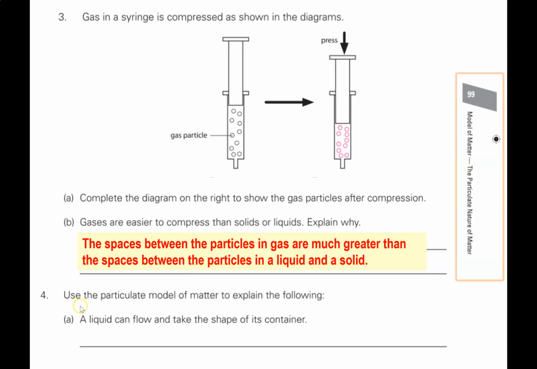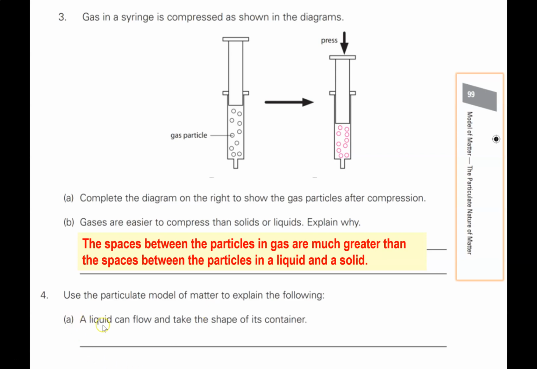Question 4. Use the particulate model of matter to explain the following. When you see this statement in a question, use the particulate model of matter. Your answer needs to make reference to the word particles.